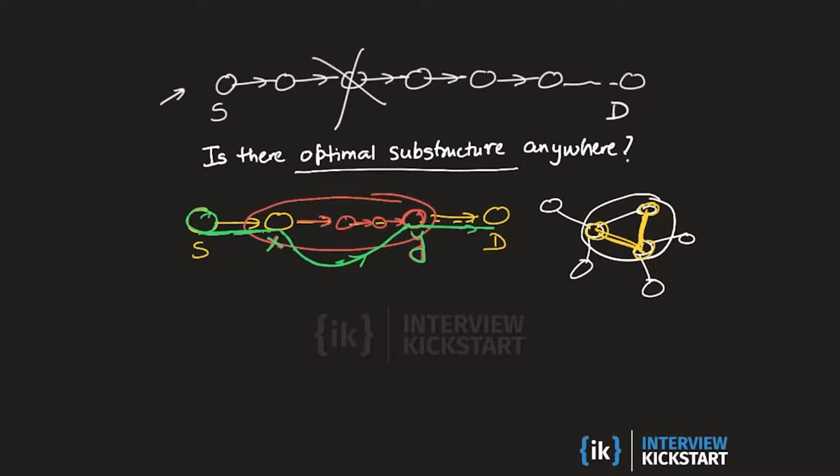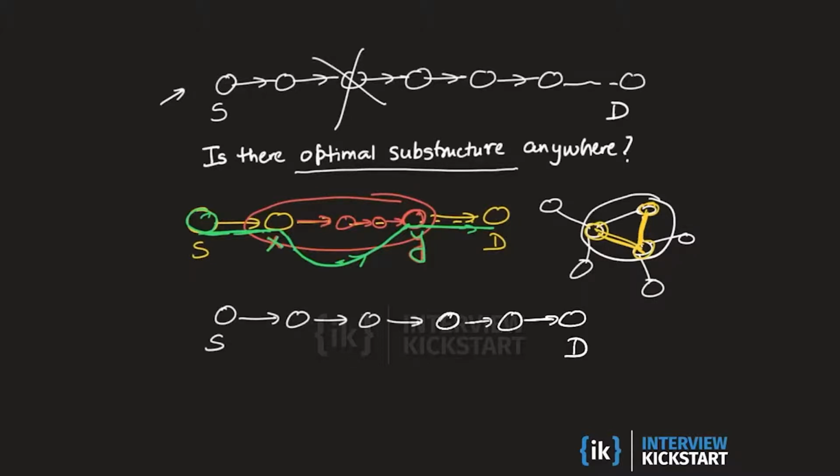Now that's clearly impossible to do, which means that any local section of an optimal path from S to D or to any other vertex must also be optimal, because if it was not optimal, then by making that local stretch optimal, we would end up improving the overall path from S to D, which is impossible to do.